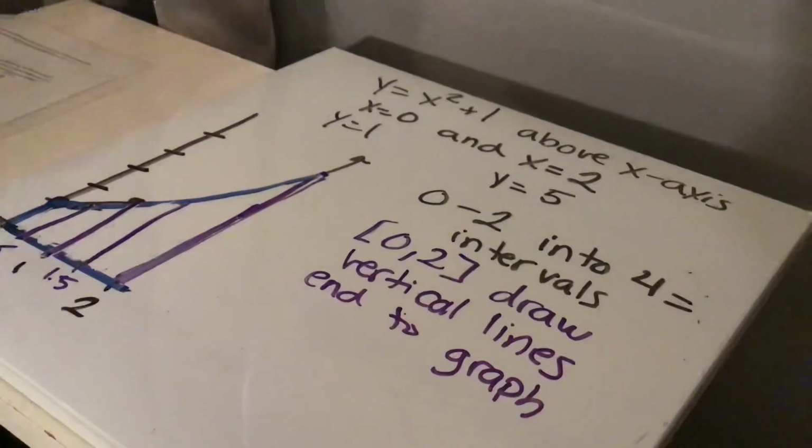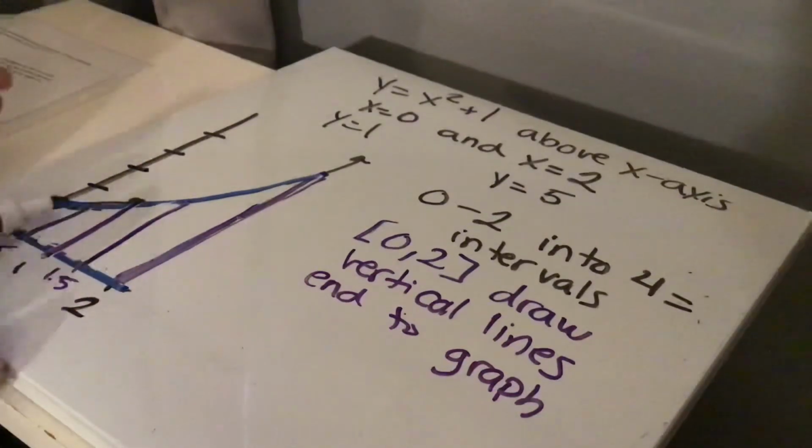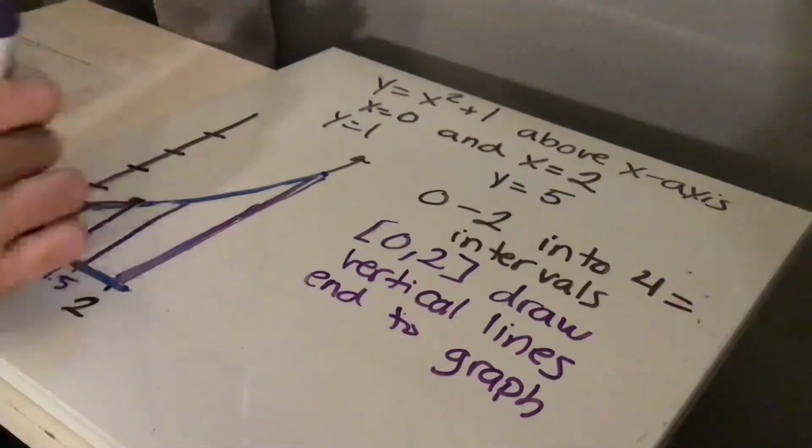So it depends on if we're going to do a left hand or a right hand rectangle. Okay? So we're going to start with the left side of each partition being used as the height. So the left side, okay? So this is one partition, 2, 3, and 4, okay? So we're using the left to be our height.